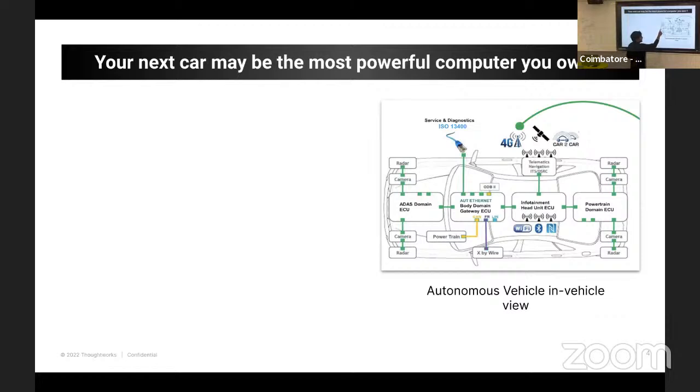For example, ADAS, Advanced Driver Assistance System, is a domain which controls the driving part, and there are other domains called infotainment, powertrain, etc. Each domain is a microprocessor, not a microcontroller. It is a powerful one because this is a mission-critical application, where people's lives are taken care of.